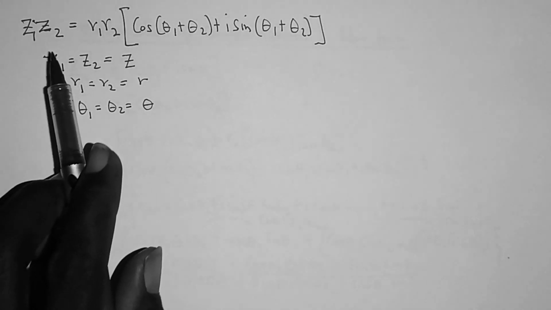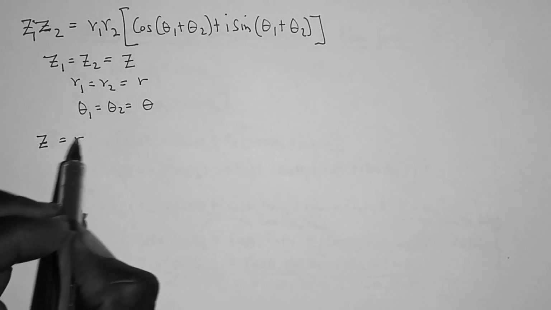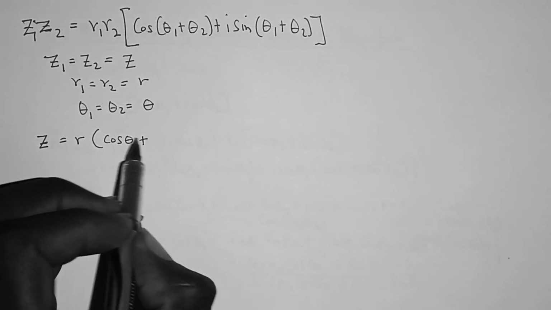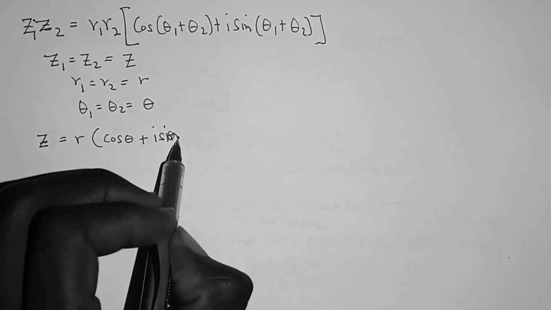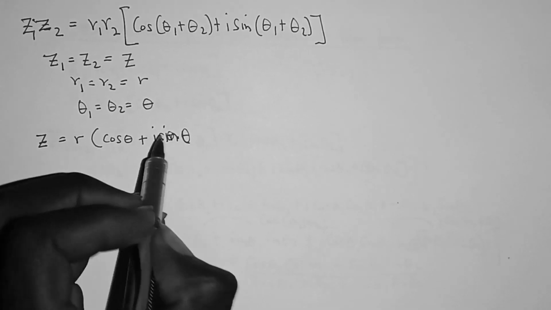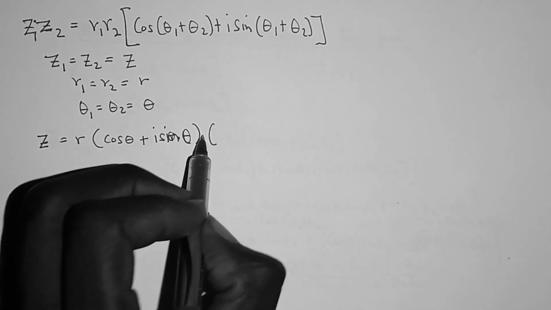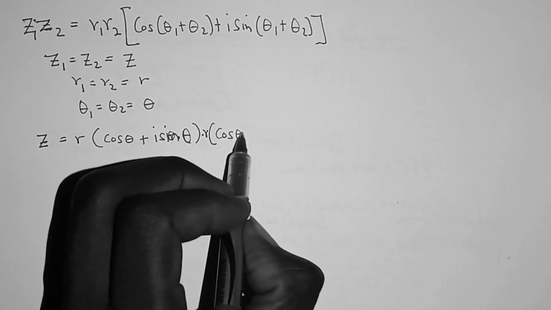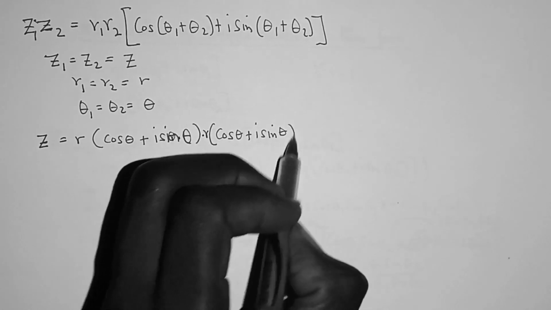So in other words, we are saying that Z is equal to R into bracket cos theta plus i sine theta, times R, then cos theta plus i sine theta.